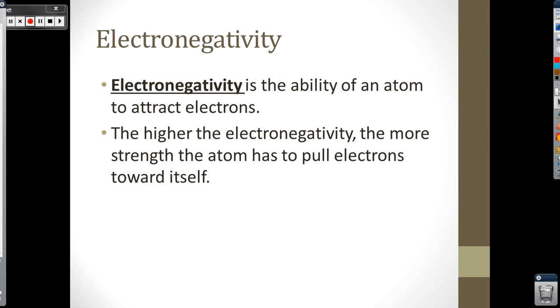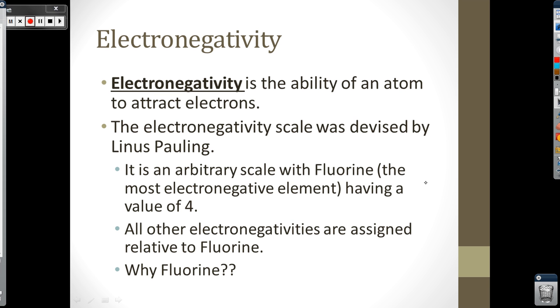Other atoms don't have that same ability, and they're just not as good at attracting electrons to themselves. The higher the electronegativity, the more strength the atom has to pull electrons towards itself. And this becomes important in determining what kind of bond is going to form between two atoms. We need to look at the electronegativities of each of the atoms.